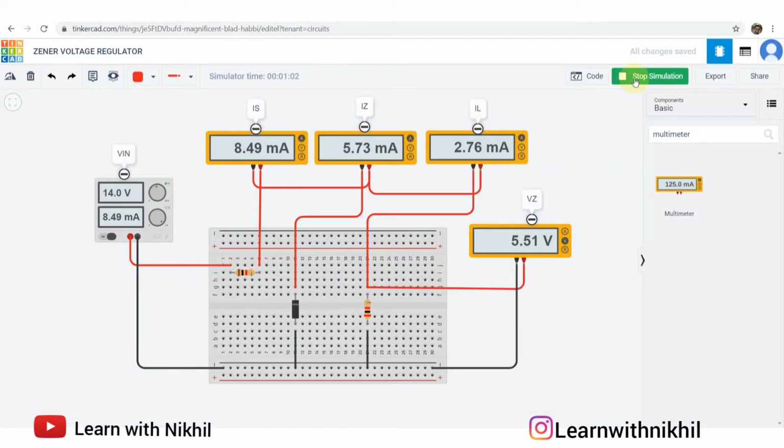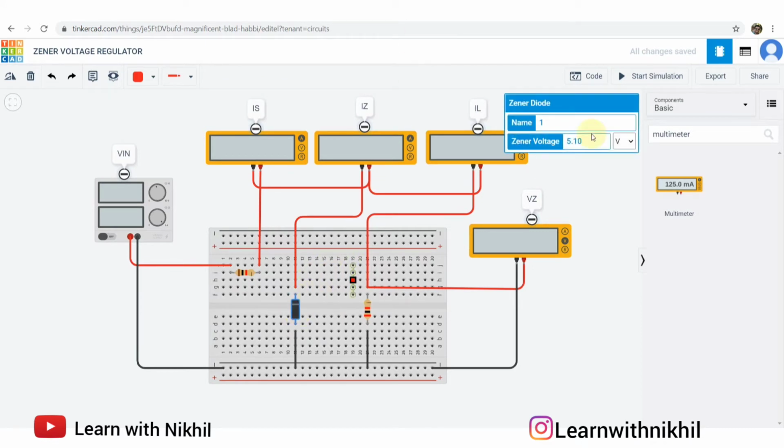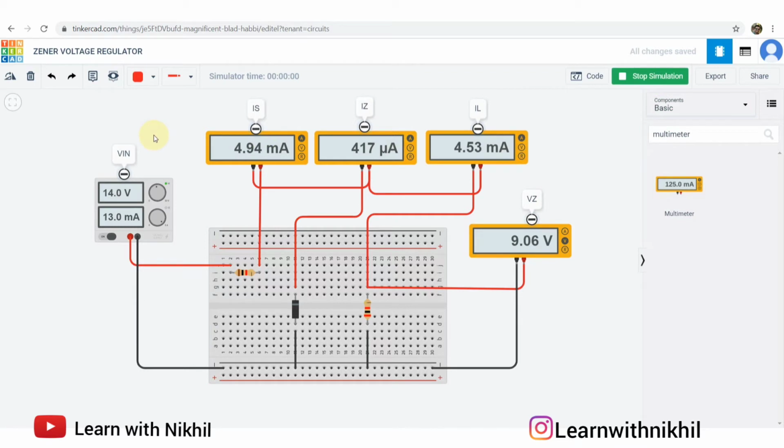If in case you are using a Zener diode of 9 volts, if I start the simulation, as you can see, as I'm increasing the voltage, the VZ voltage is increasing, and after 9 volts it is only slightly increasing.